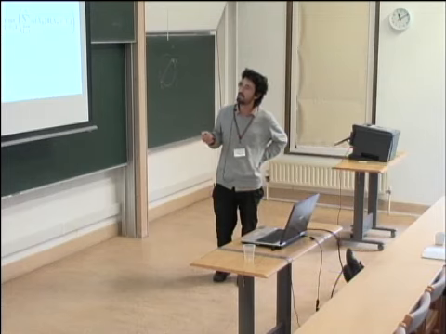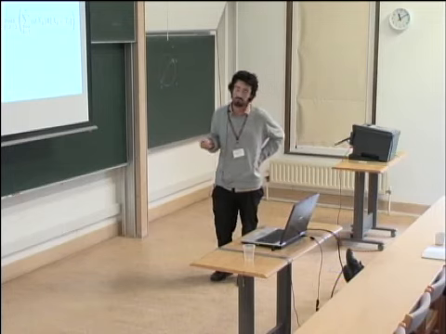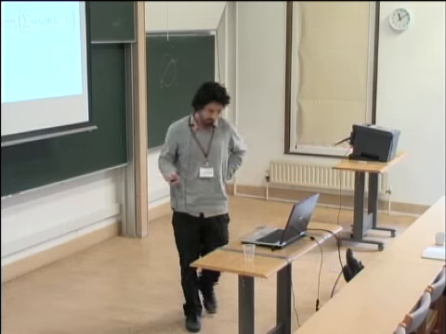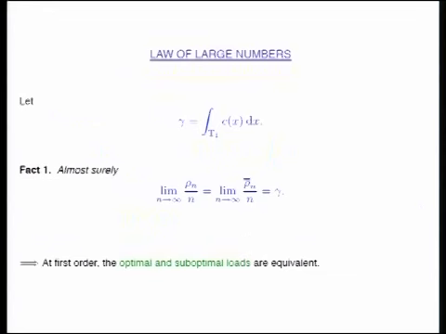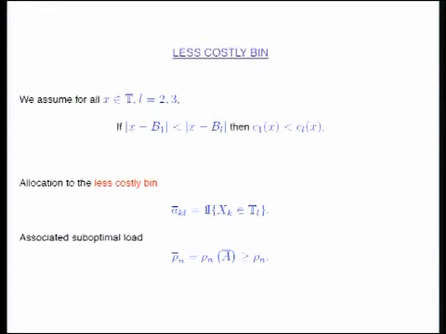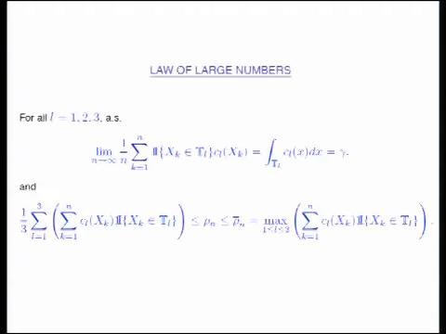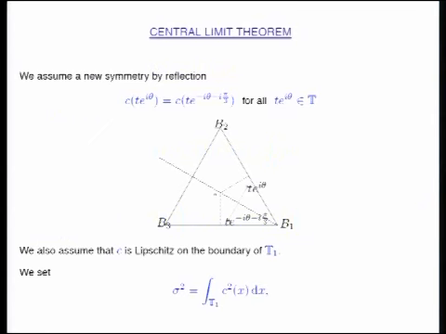If you take the average and not the maximum, rho n has to be larger than that. This is just due to this condition, the fact that when you are closer, the cost is smaller.